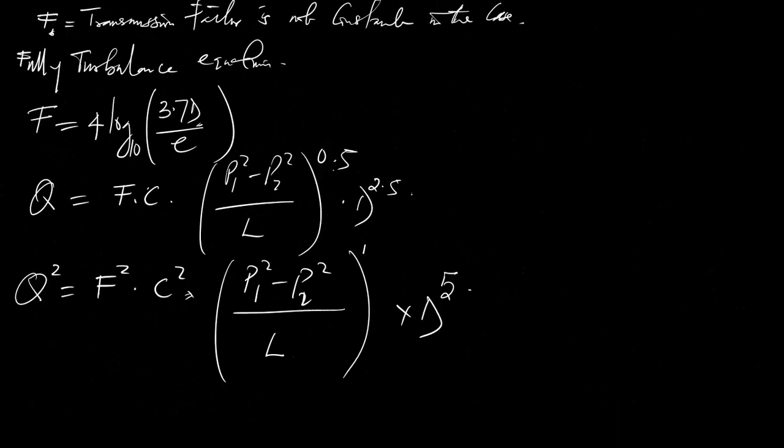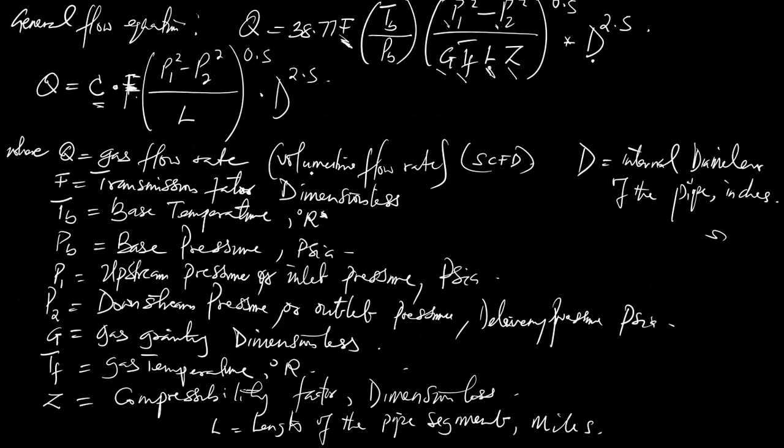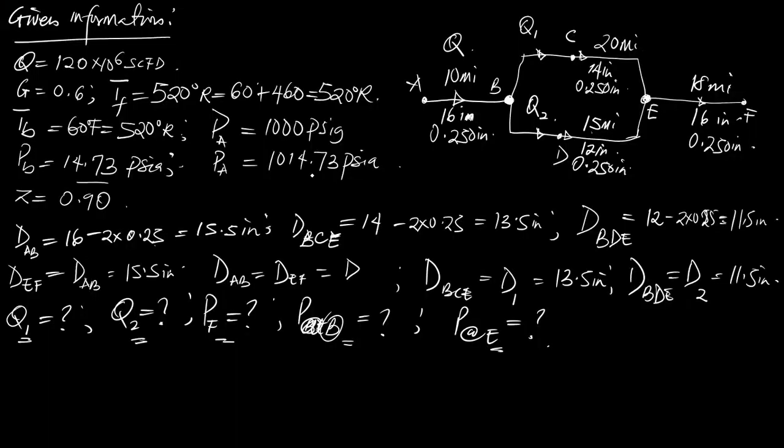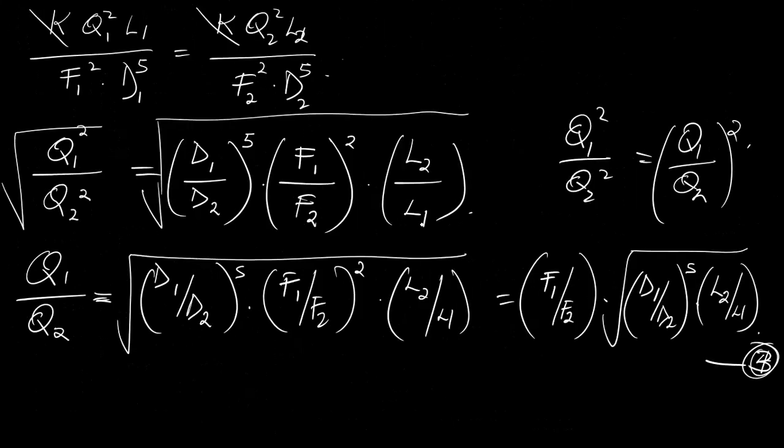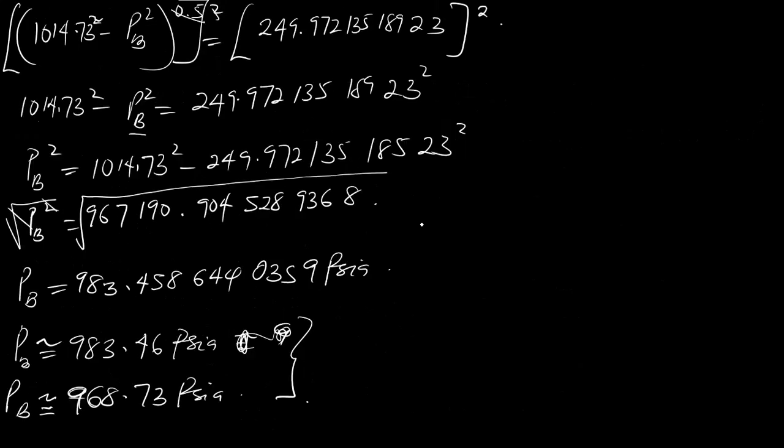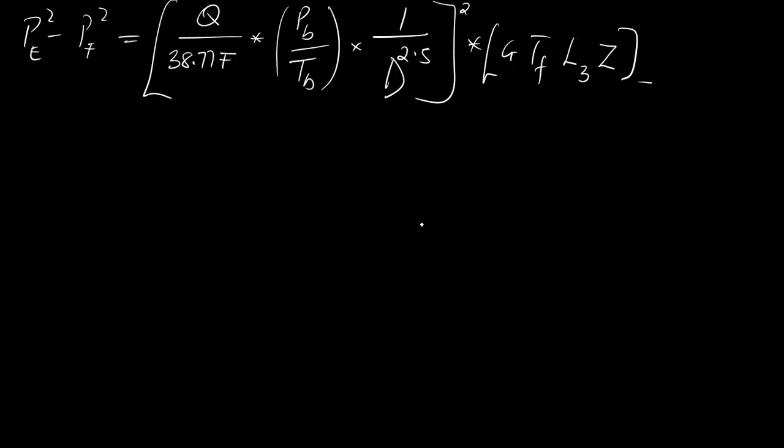Is 18. Let's go back to here. It's 18 miles. So that is what we're going to use here. Now the flow rate is the same from the beginning because the flow rate is 120. Got to converge. Now look at the drawing.